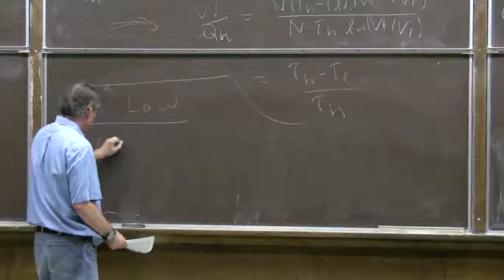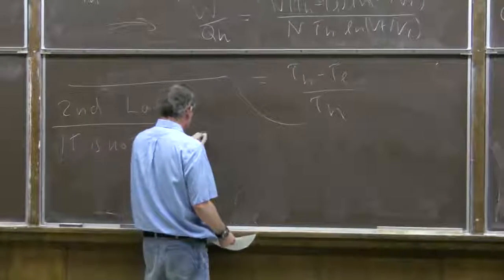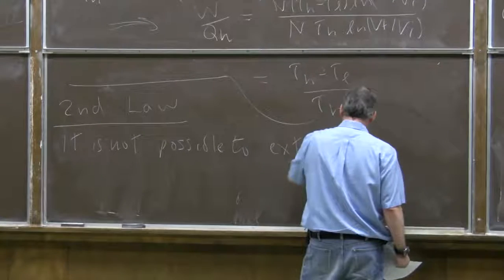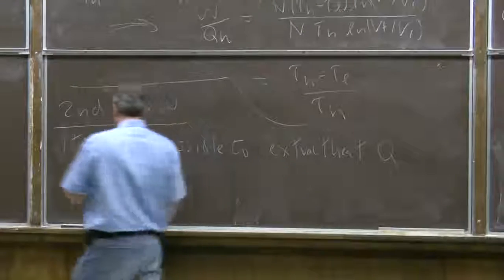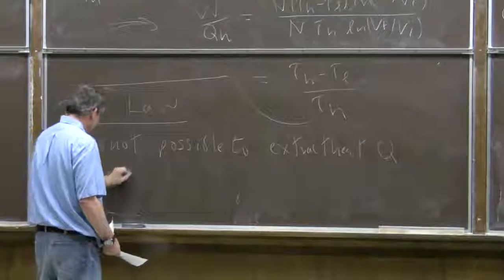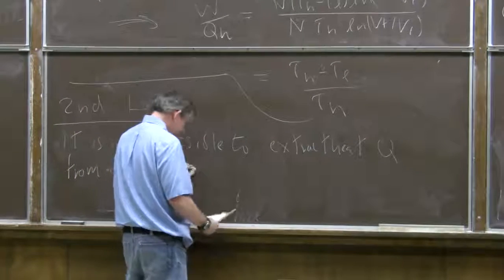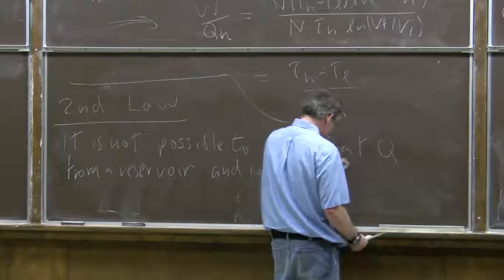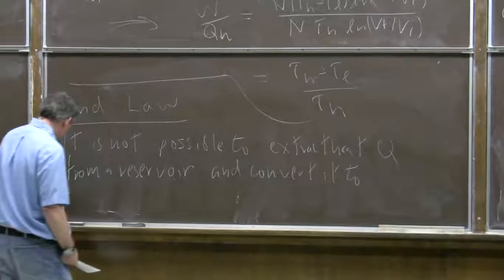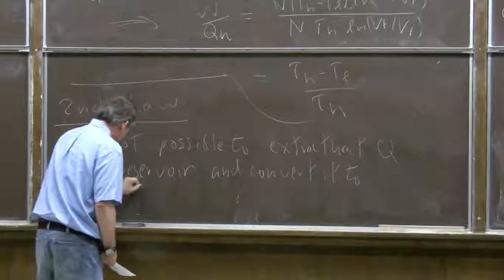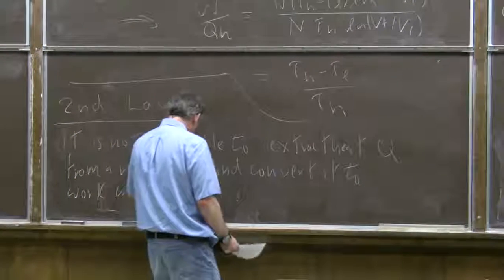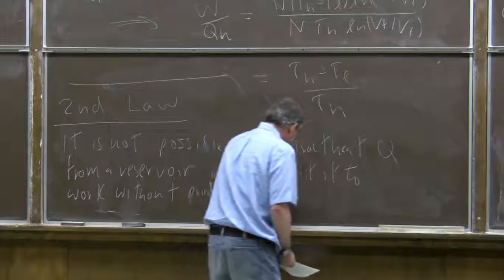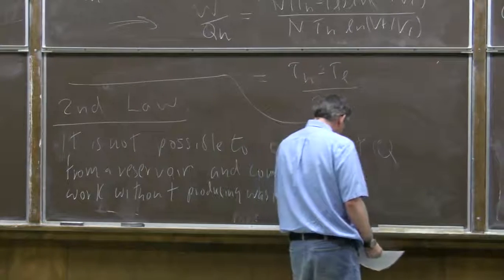It is not possible to extract heat, say heat Q, from a reservoir and convert it to work without producing waste heat. Unless there's a zero temperature reservoir.